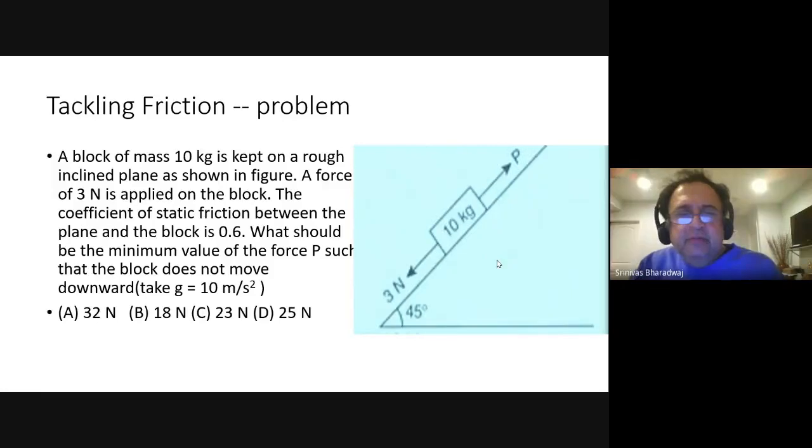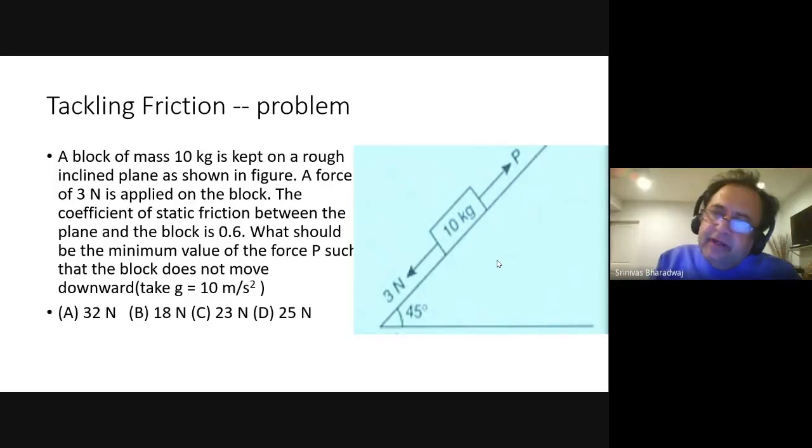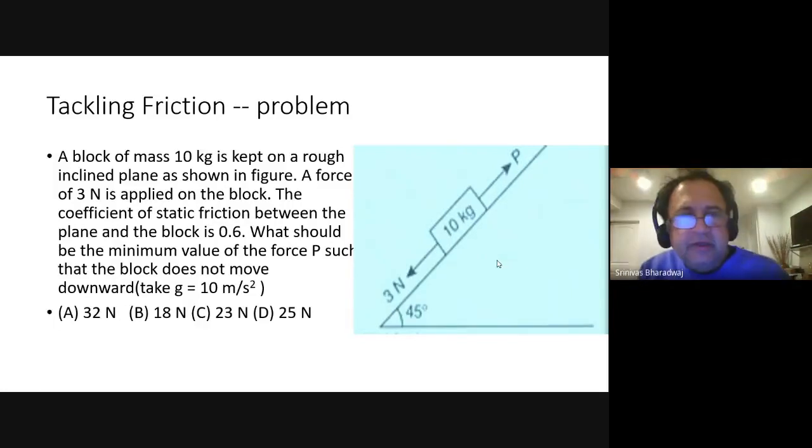So 10 times g is 100, and 100 sine 45 is N. That is 100 times 1 by root 2, so N is about 70. Now, there is a 3 down, and there is also another 70 down. So 73 downward, right?